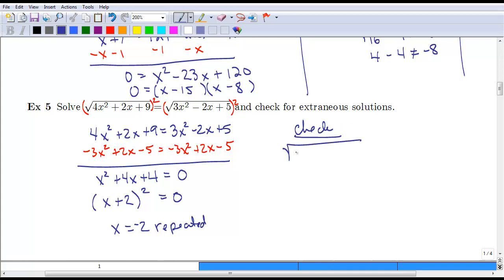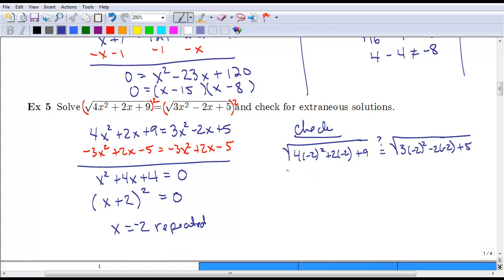We would take the square root of 4 times negative 2 squared plus 2 times negative 2 plus 9 is equal to, we want to check this, so question mark, 3 times negative 2 squared minus 2 times negative 2 plus 5.